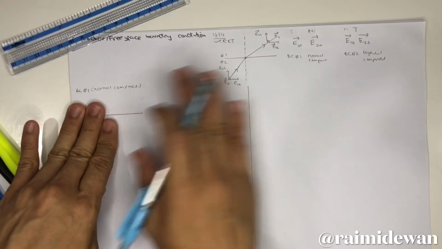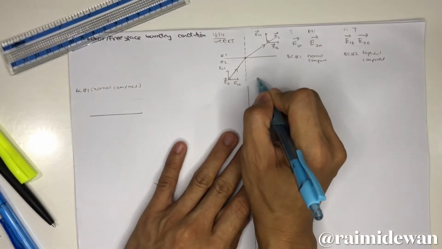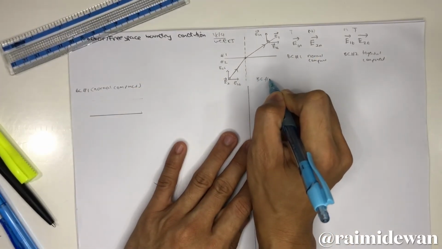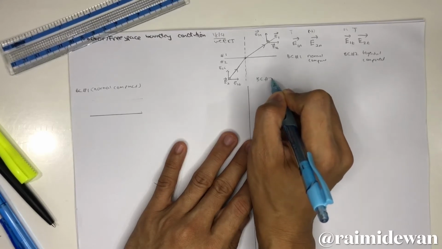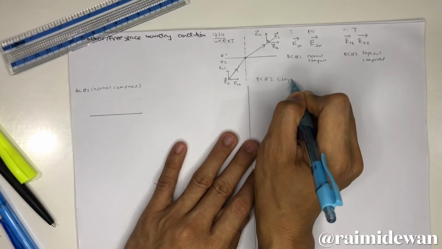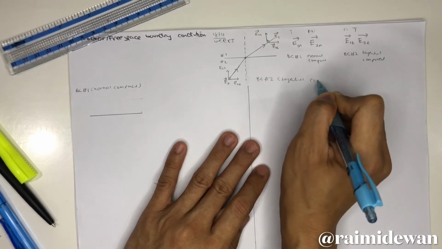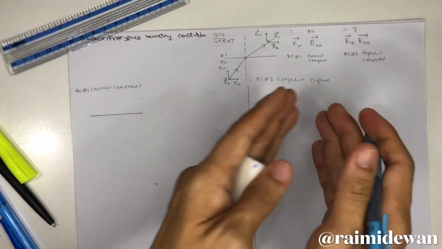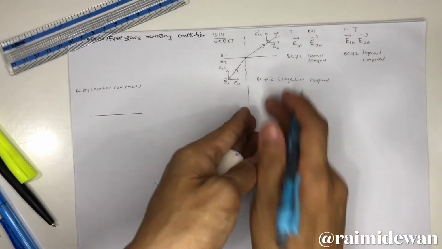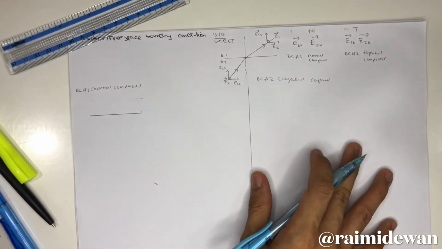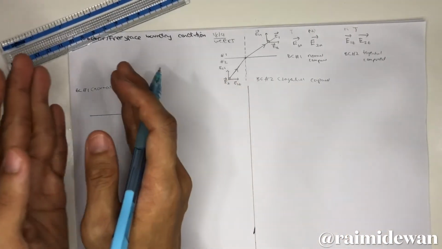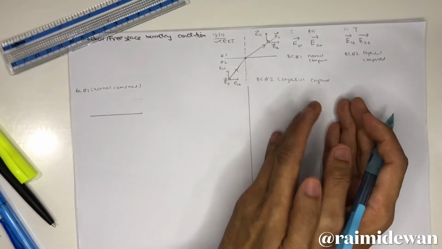For boundary condition 2, which is the tangential component, it is the same thing. If a normal component exists, we make an assumption so that it will be ignored, because this one is dedicated to normal and that one is for tangential.